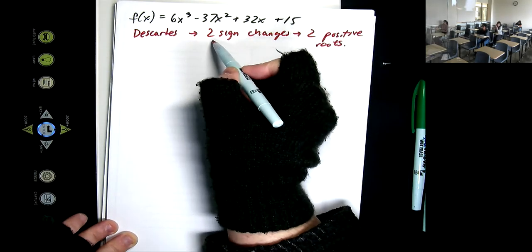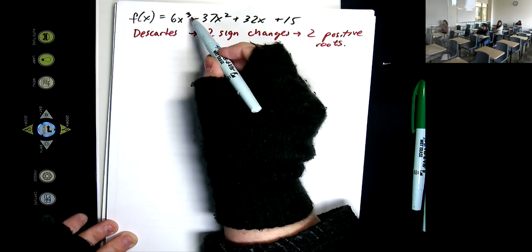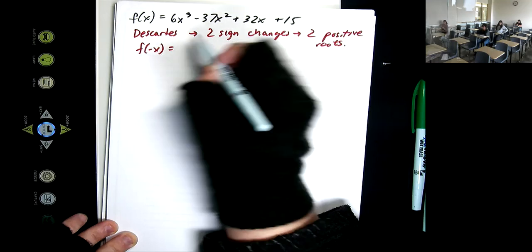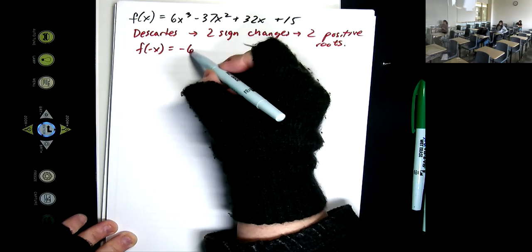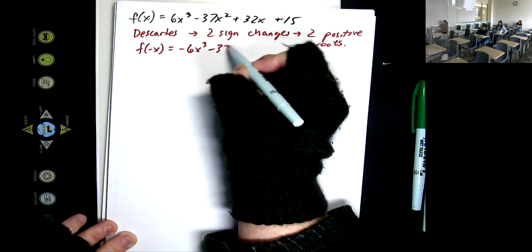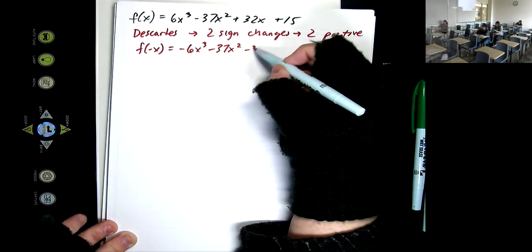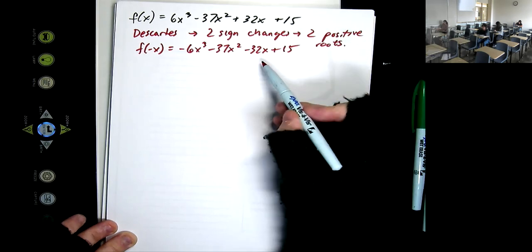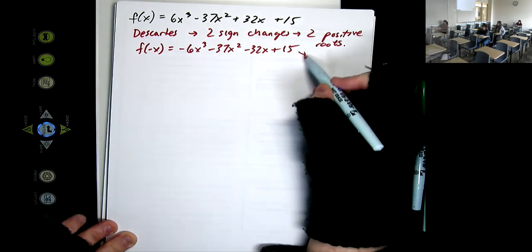I should get 1 when I do f of negative x because they need to add up to 3. But let's just check it real quick and make sure I know what I'm talking about. We've only got 1 sign change here, so 1 negative root.